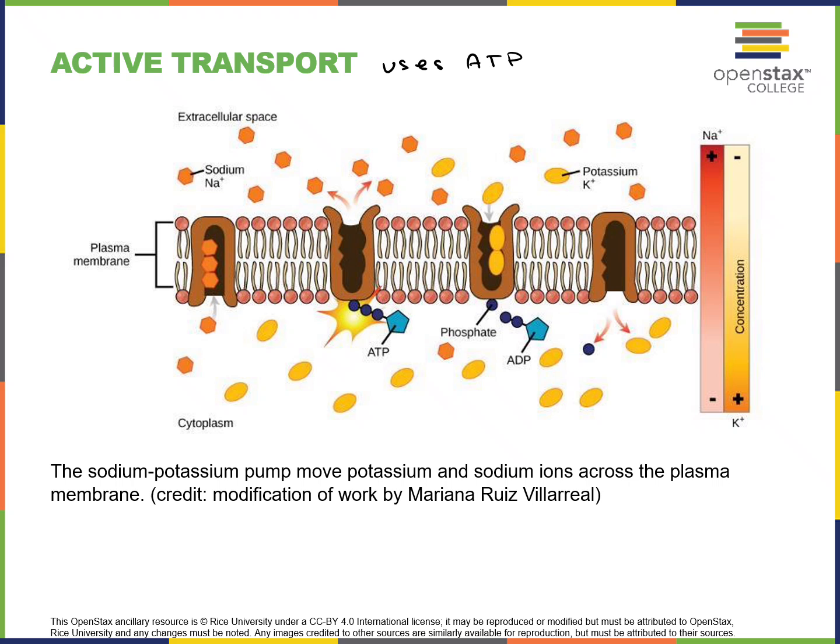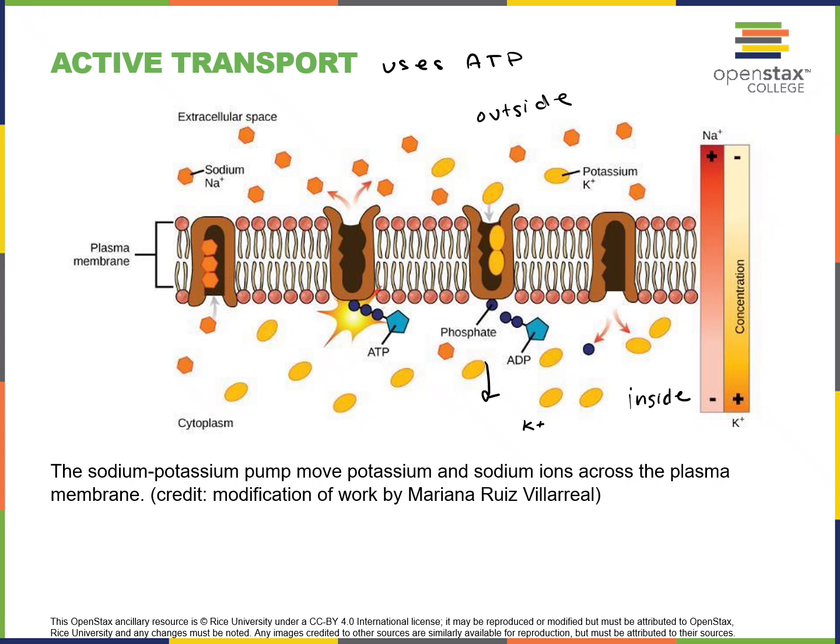So in this diagram, you can see that there is a high concentration of potassium on this side inside the cell. So we're using ATP to take any molecules of potassium that we have outside the cell and pumping them into our cell, even though there's already a high concentration of potassium inside the cell.